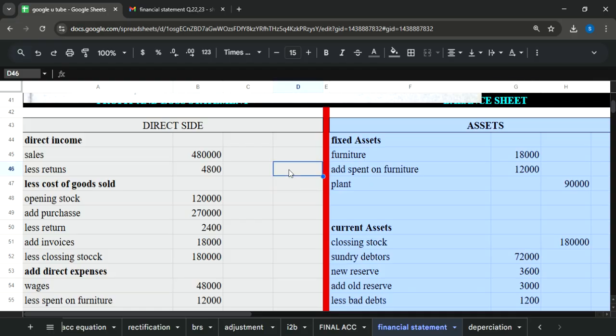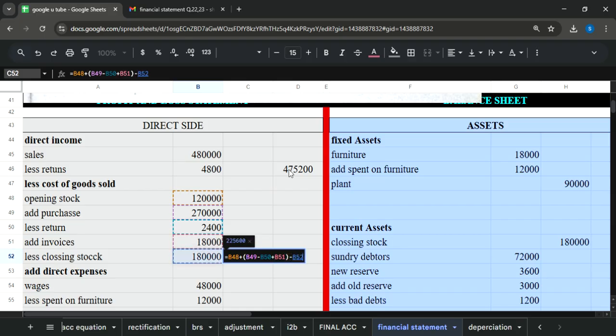So let's see what our question writer had done. Sales minus return. We have got the final amount of sales, net sales. Now we will calculate our cost of goods sold. Opening stock plus purchases minus return, and then you will add invoices, and then you will subtract closing stock.